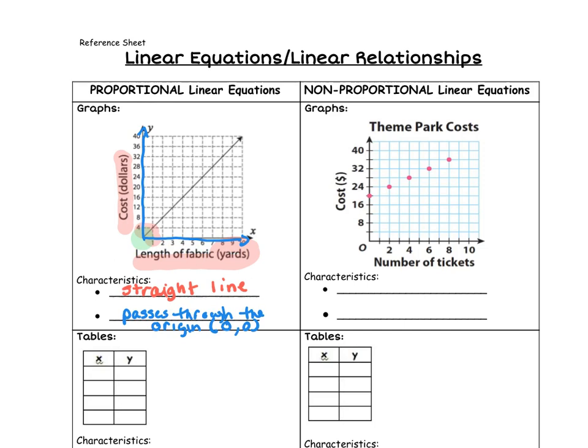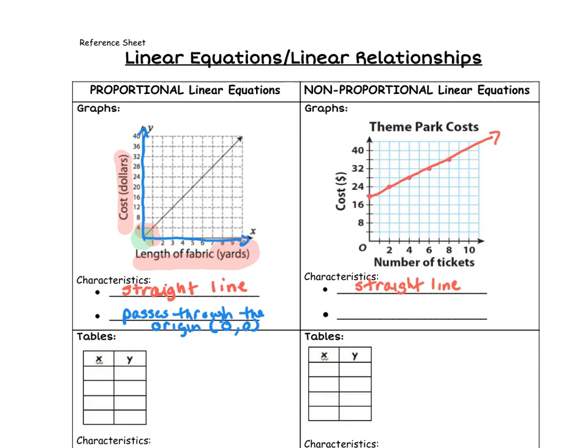Now let's compare what's happening with our non-proportional graph. You may have noticed the line is not connected, but certainly we could make the line here, and it is indeed a straight line. So this linear relationship has a straight line. In fact, both of them do.